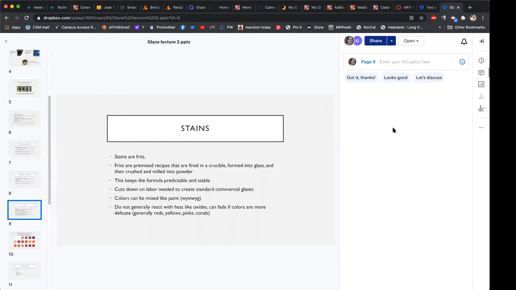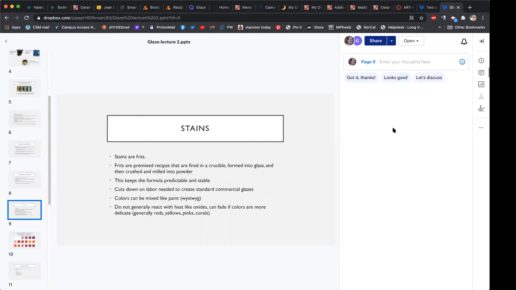So it can be fired again in its powdered form, but it's not going to be as reactive. So the colors that you have in underglazes, which use stain, you can mix, so what you see is what you get. If you have blue and yellow, you can mix half and half together and make green or different shades of green.